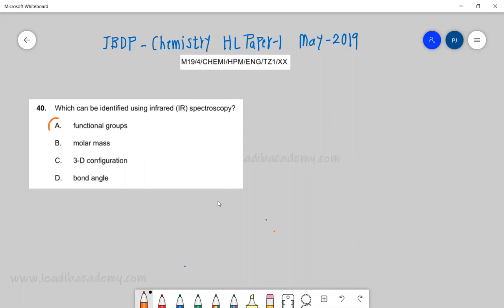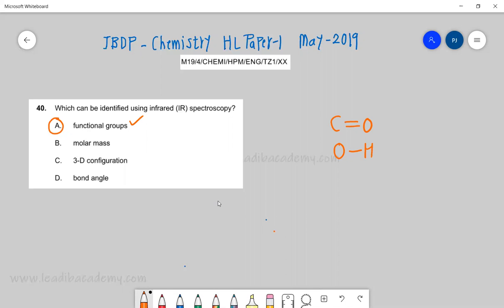Okay, functional groups, we can identify whether it is like C double bond O or OH or any other type of functional group. These are mentioned in the data booklet, so you can refer to it. This is the direct application of IR spectroscopy, to find out the functional groups which are present.